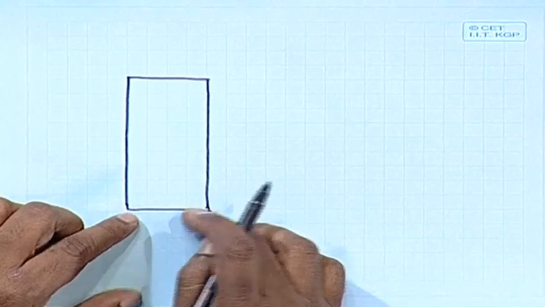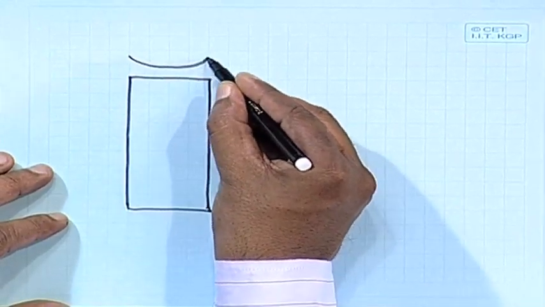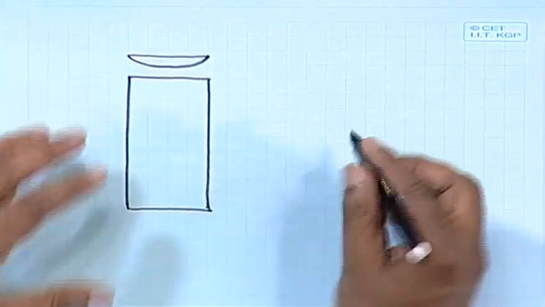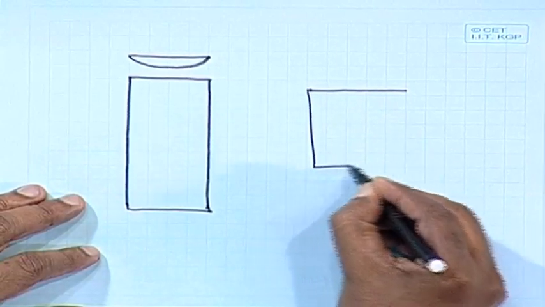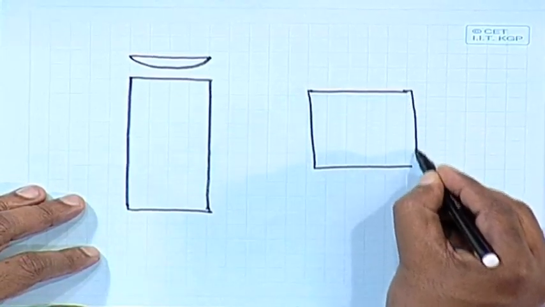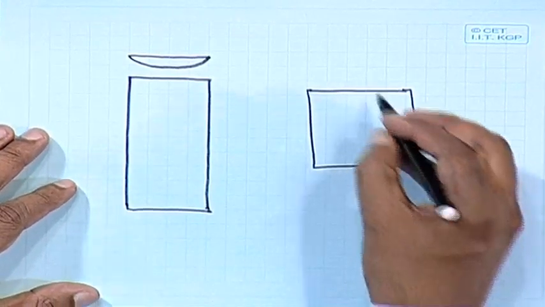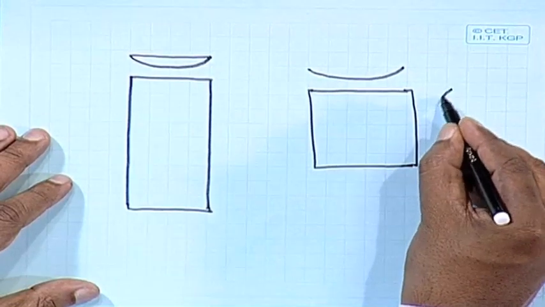What you will find is that it bends like this. If we make it almost a square, then you will see that it bends on both sides, this side as well as this side.